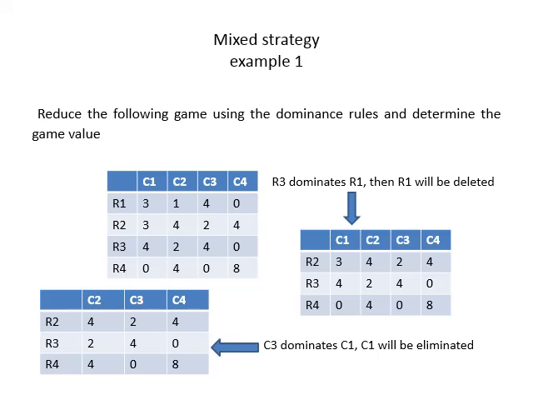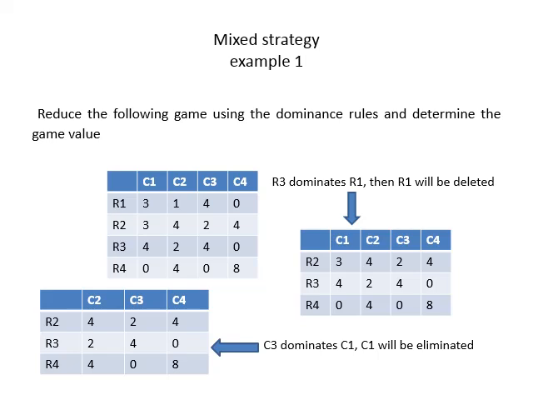Column 3, C3, is less or equal C1. Then C1 will be eliminated, because the values of C3 is less than the values of C1.